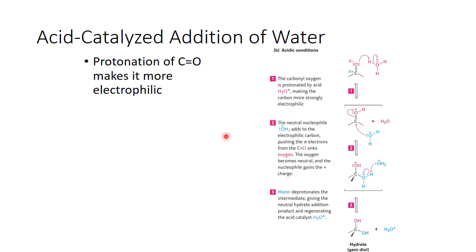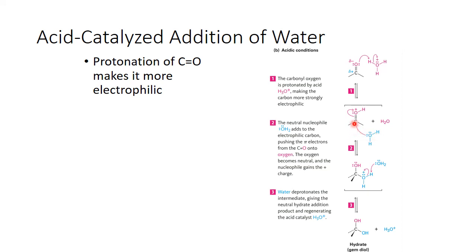The acid-catalyzed addition of water always starts with the protonation of the oxygen with the acid. So here it's showing the oxygen reaching out and grabbing a proton, and then the electrons jumping onto the oxygen. This protonated oxygen now enhances the electrophilicity of this carbon that has a large delta positive. That's even larger now. So even the weak nucleophile water can add to that carbon.